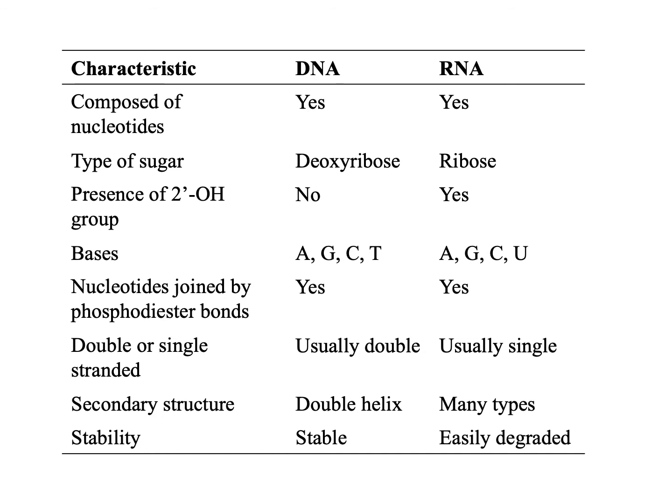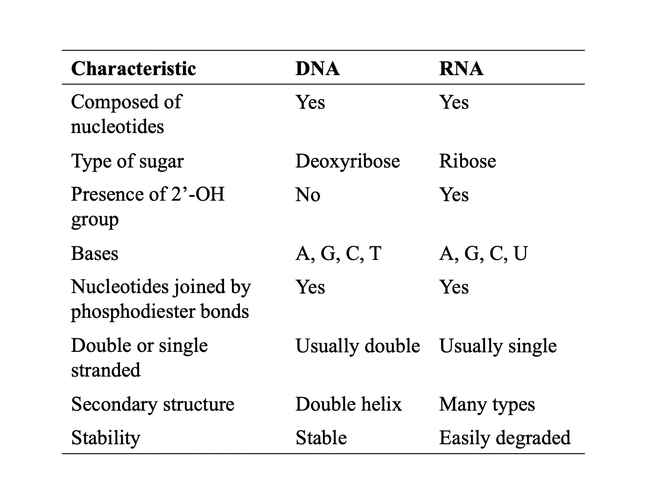There is also another difference in those sugars that is specific to the name, and that is in the number 2 position of the sugar. There is no hydroxyl group in DNA, and that hydroxyl group is present in RNA.